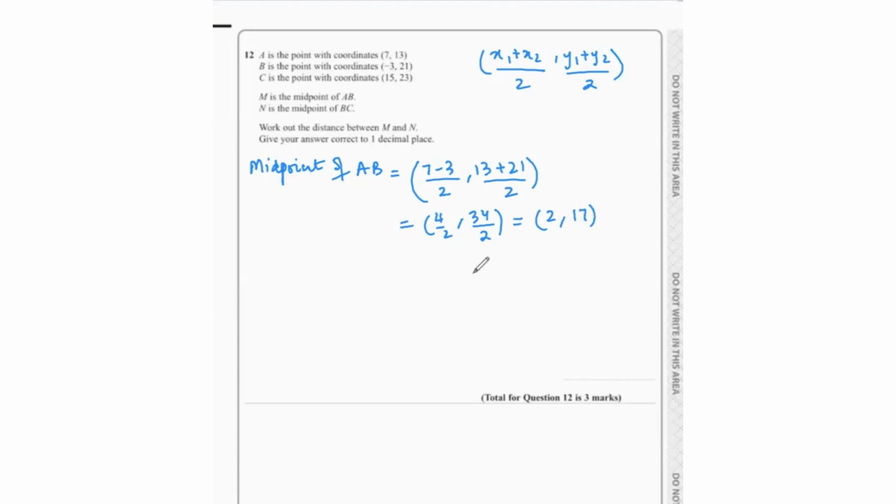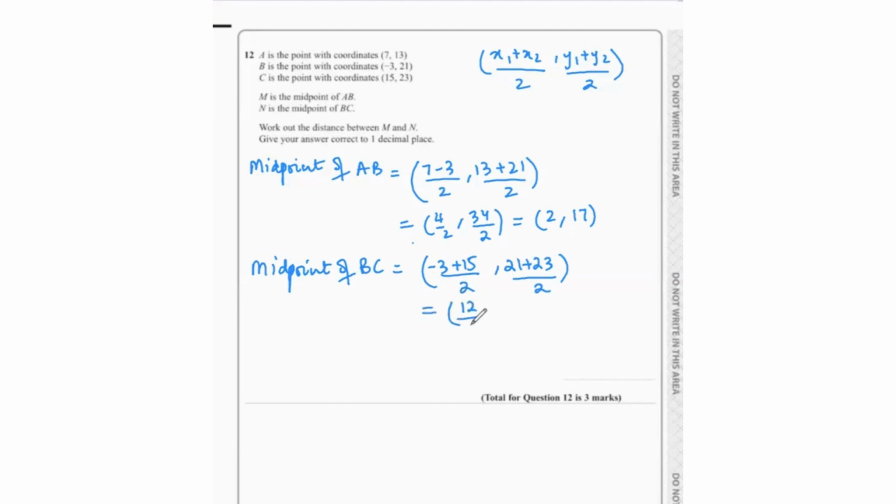Next, what we do is we find the coordinates of N, which is the midpoint of BC. So midpoint of BC. That is going to be negative 3 plus 15 over 2, 21 plus 23 over 2.